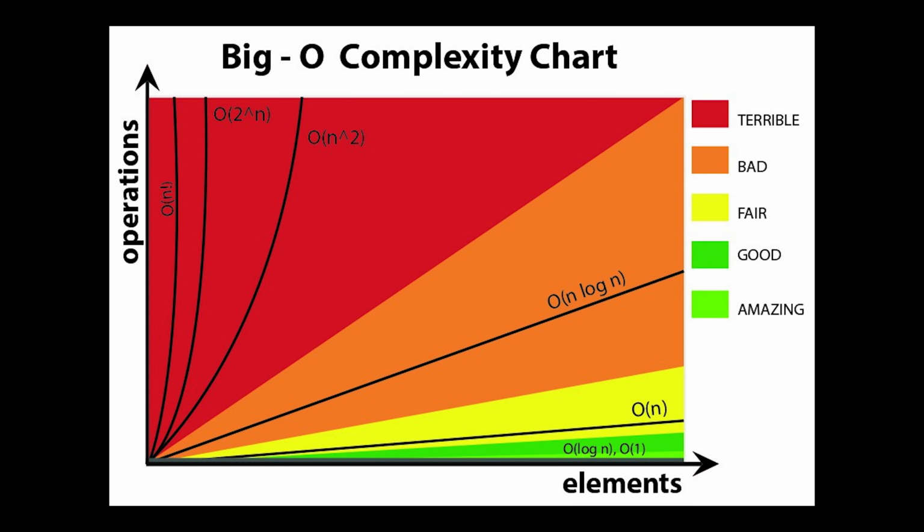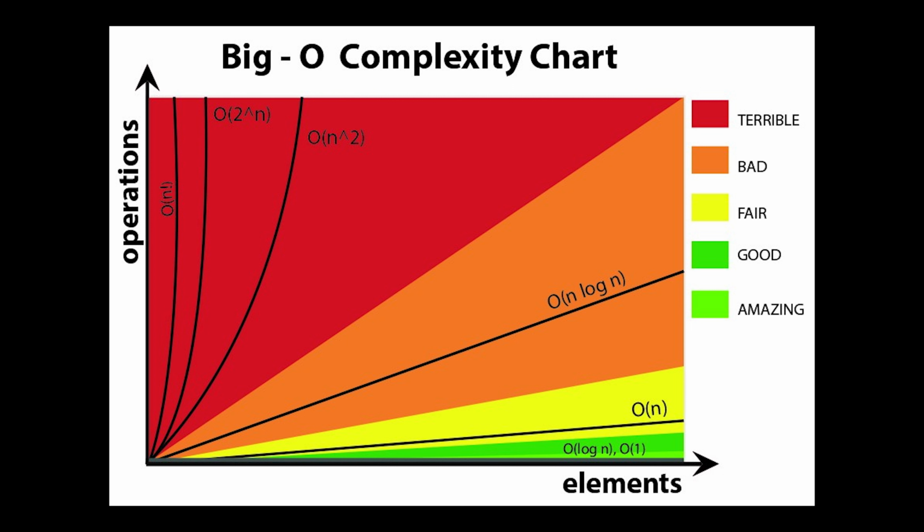Here is a graph which represents the time complexity with respect to elements and operations. Big O of n factorial, big O of n square, and big O of 2 to the power of n are some terrible time complexities of algorithms where operations increase rapidly as the number of elements increases. Big O of n log n is better than the other three as its operations increase proportionally as the number of elements increases.